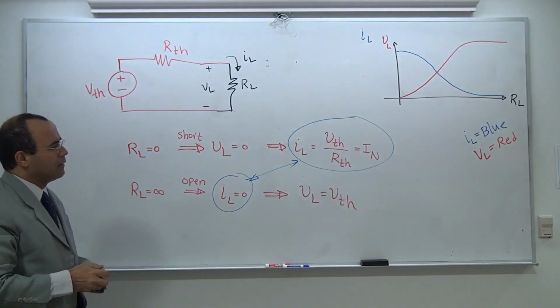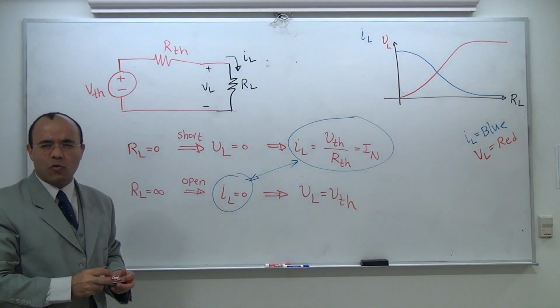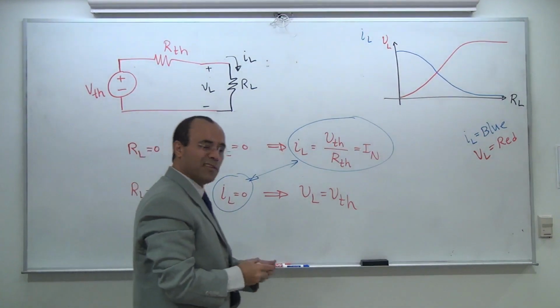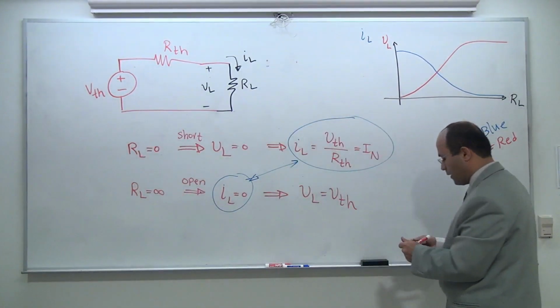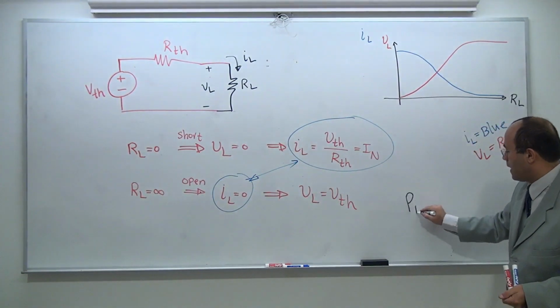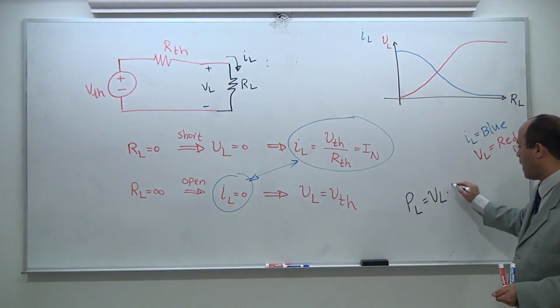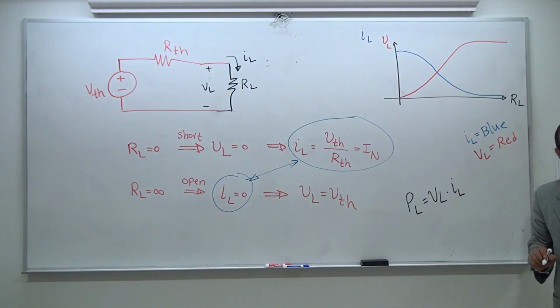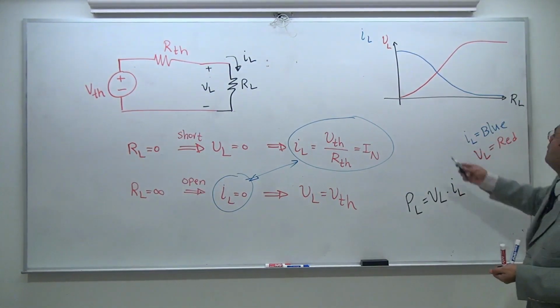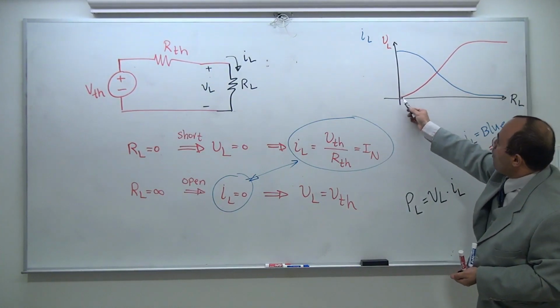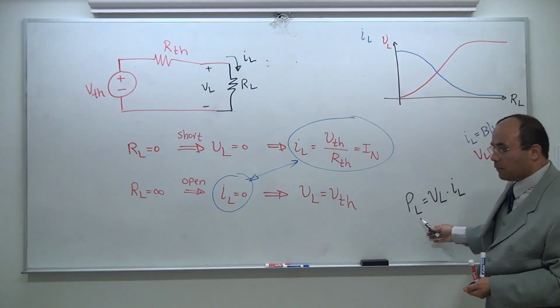Okay, now tell me about the power that goes to the load. What is power? If you remember the power equation, PL is equal to VL times IL. Well, tell me what is happening. VL is 0, IL is maximum. What is the PL?